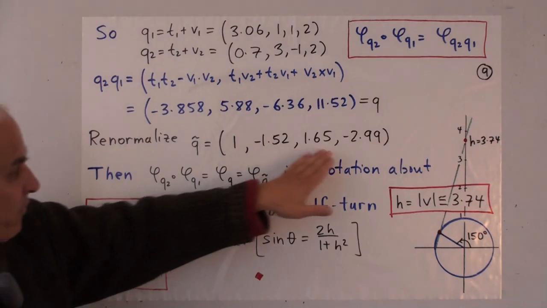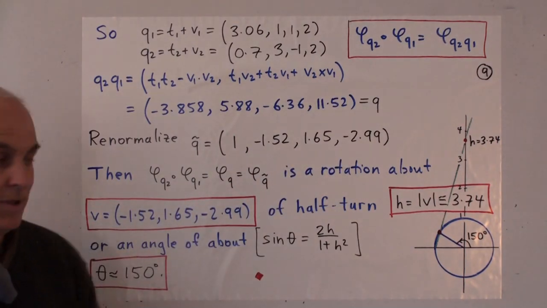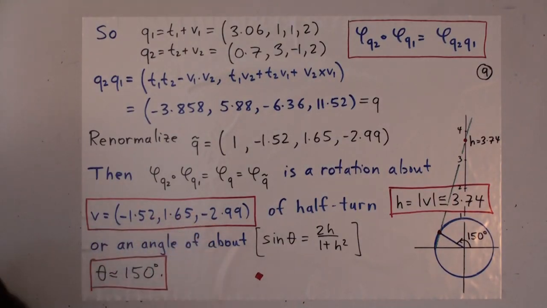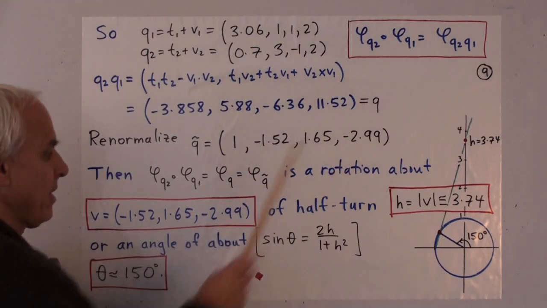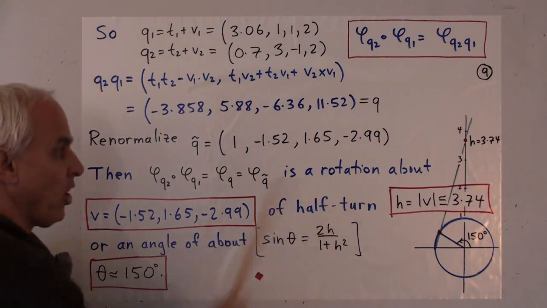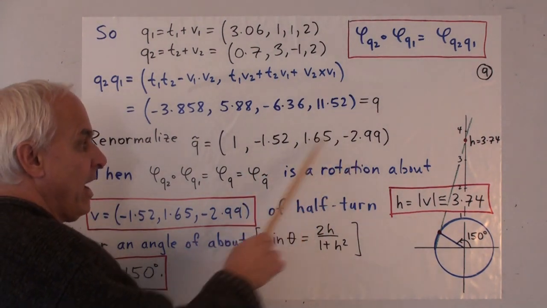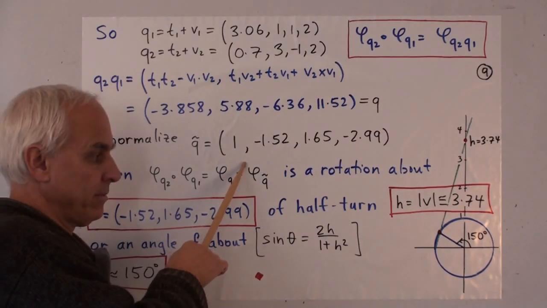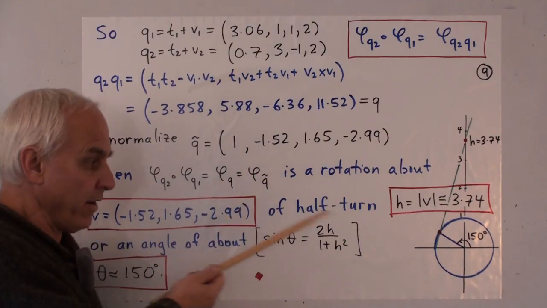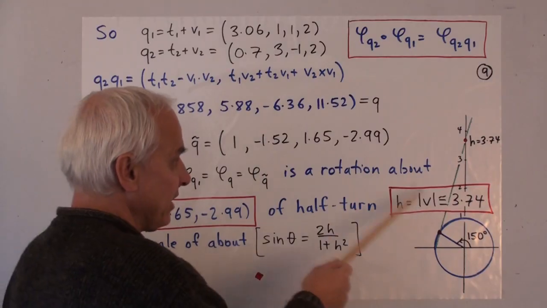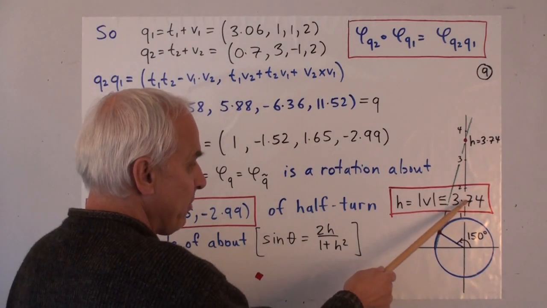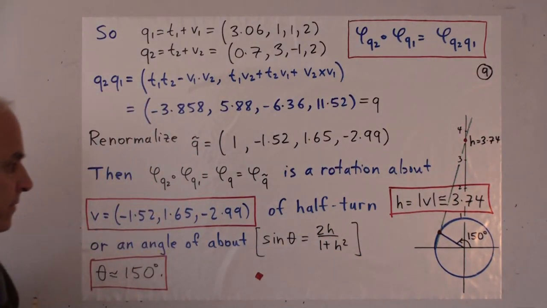And now we can read off, well, what is this rotation? It's a rotation about this vector with a half turn of, well, we have to take the length of this vector and divide by 1. You can see the advantage in having a 1 here. It means that the half turn is just the length of this vector, which is 3.74. What is that as an angle?